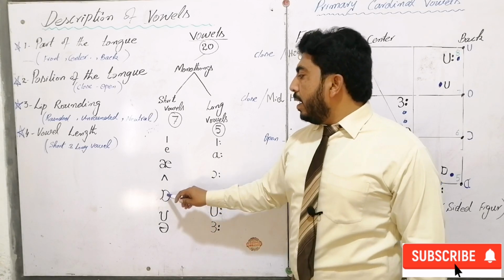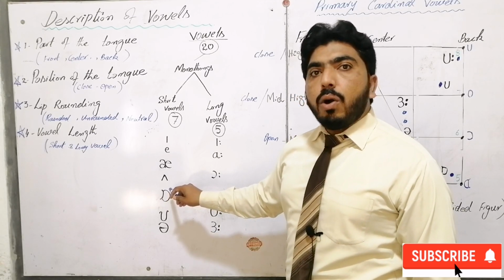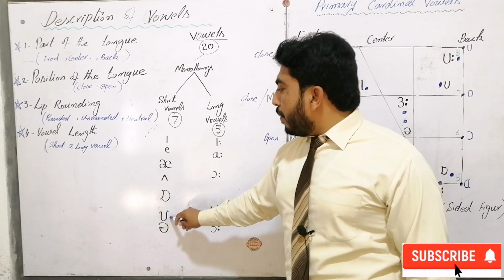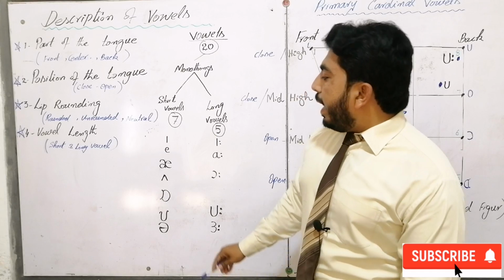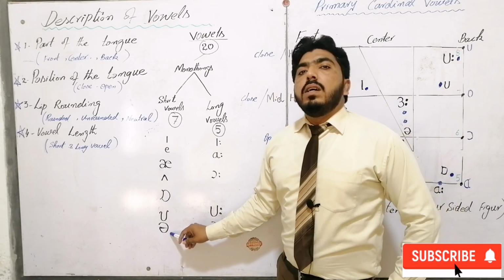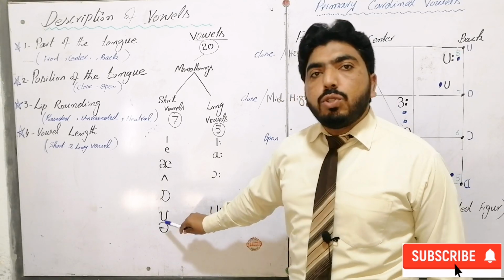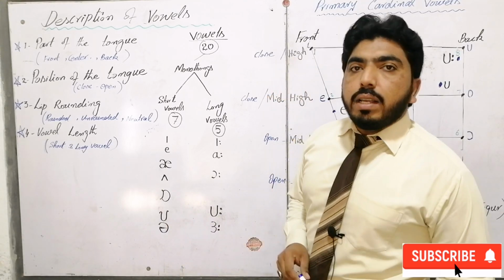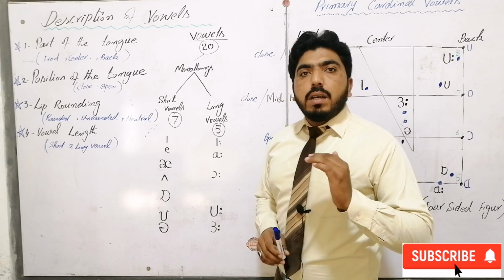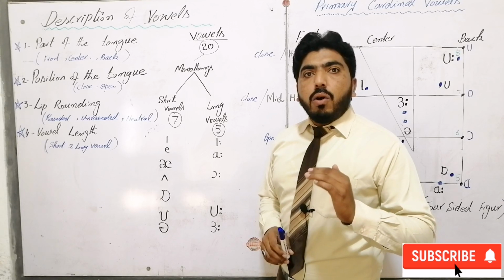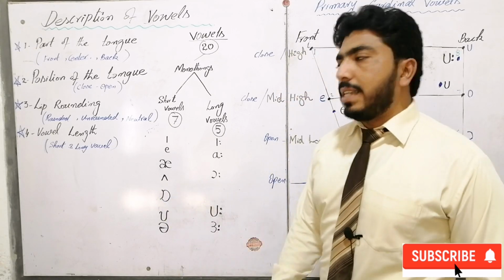This one is /ɒ/, as in hot. This one is /ʊ/, as in put, a short sound. And this is the last one, the schwa sound. The shortest sound of the English language is schwa, and this can be pronounced like the beginning of about. In the beginning of about we find this sound, the shortest sound of the English language.